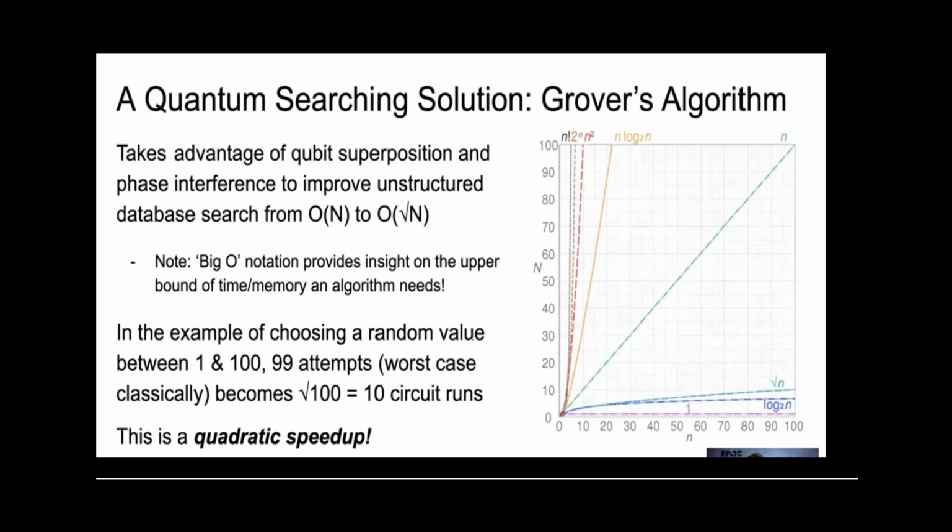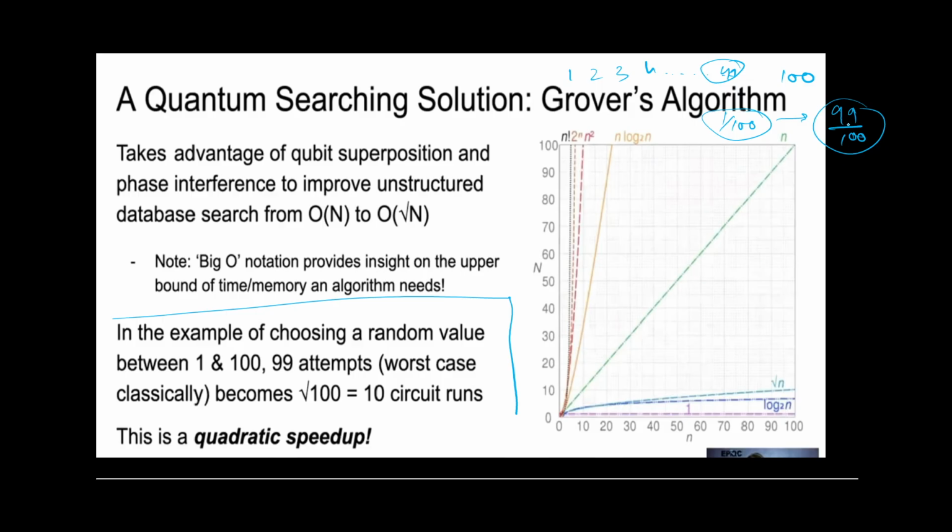This is an example where I have chosen random values between 1 and 100. If we have 1, 2, 3, 4, up to 100, and suppose I have to choose the 49th term, then in the worst case I will have a 1 by 100 chance of success and a 99 by 100 chance of failure.